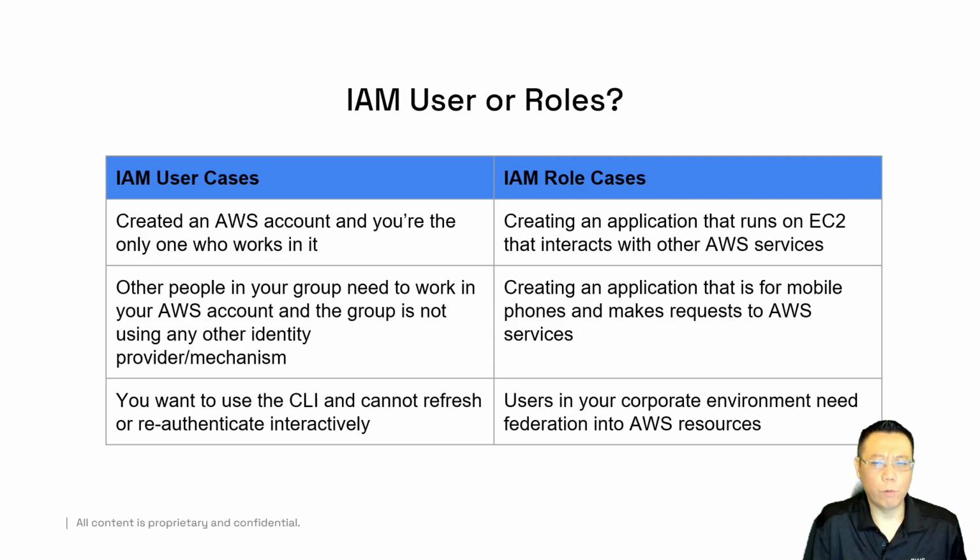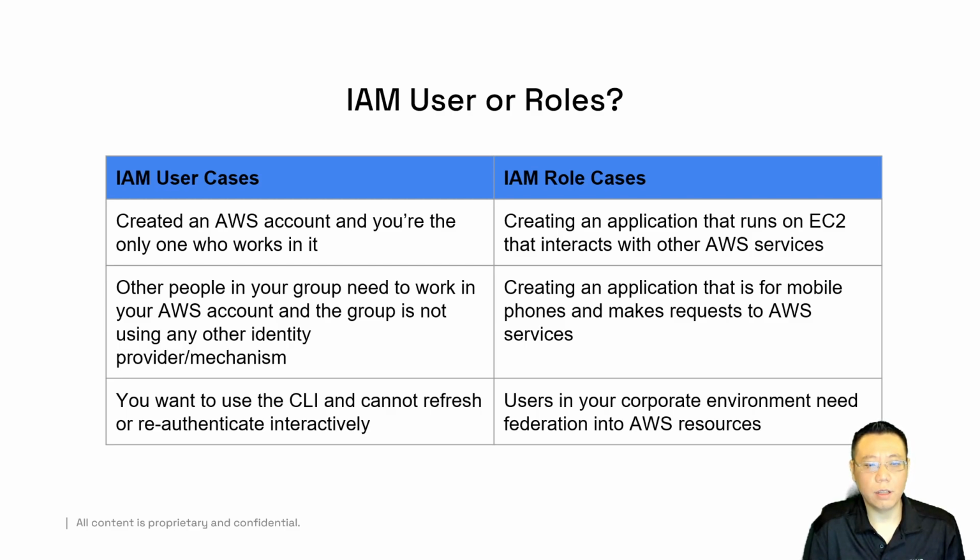So why would you use a user versus a role? Well, here are some use cases to think about. If you create an AWS account just for yourself and you're the only one in it, maybe use a user. That's perfectly fine. Or you have other people in your group that need to work on an account and you don't have any other identity management system. You have usernames and passwords for each one. You have some form of authentication, authorization, and accountability, and it has to be long-term.